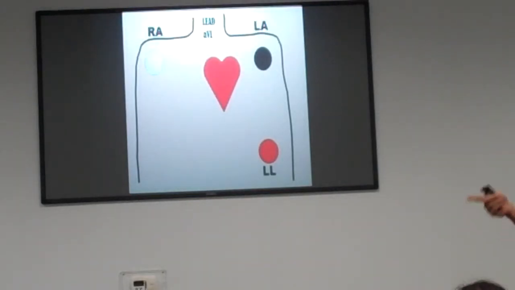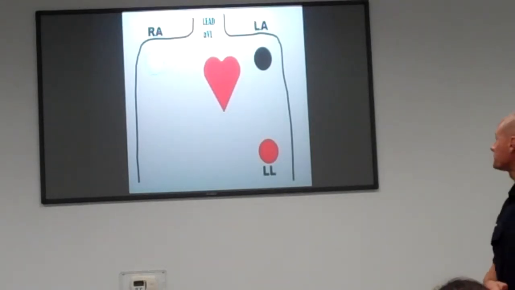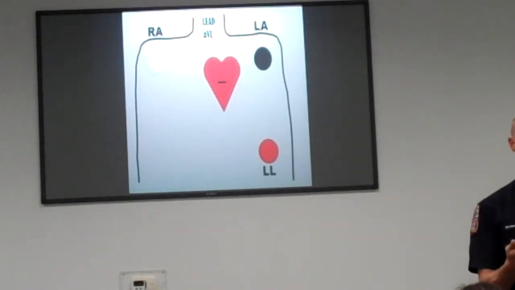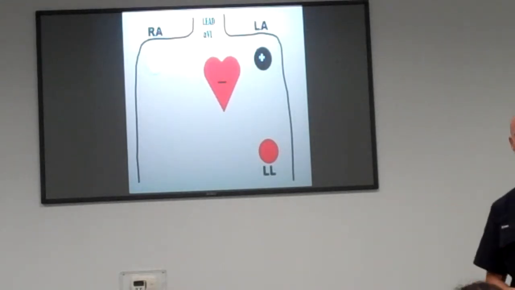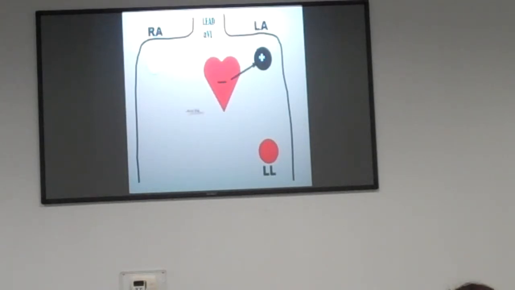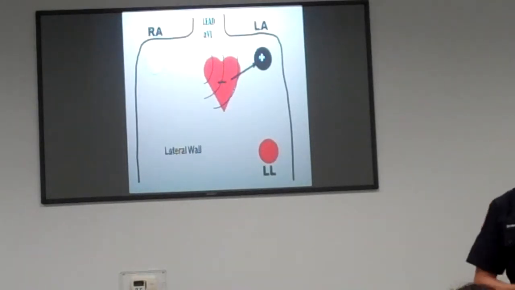Okay, AVL. The augmented unipolar on the left. So, imaginary point in the heart. Negative, we go to the positive lead right there, left side. Electrical impulse moving towards or away from that positive. Moving towards it. Let's say it's moving towards it.